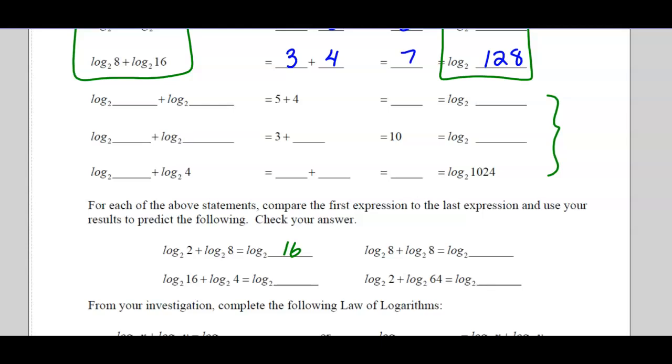You might think, well, why bother? I can find the log of each of those separately. It will be helpful, because sometimes the argument you won't be able to do without a calculator. Maybe this is a 3 and this is a 6 or something.